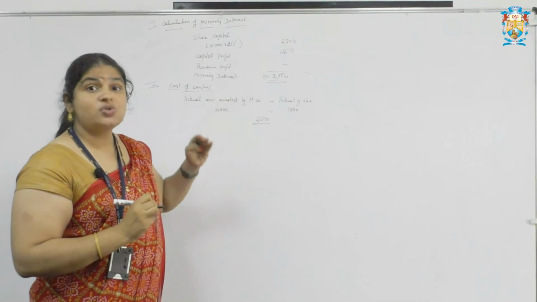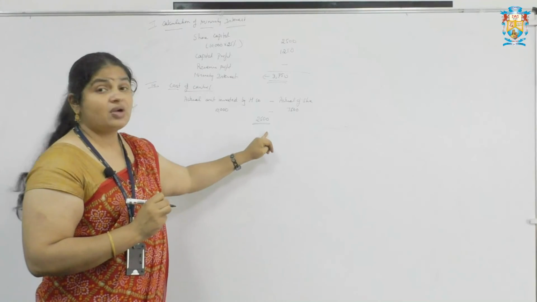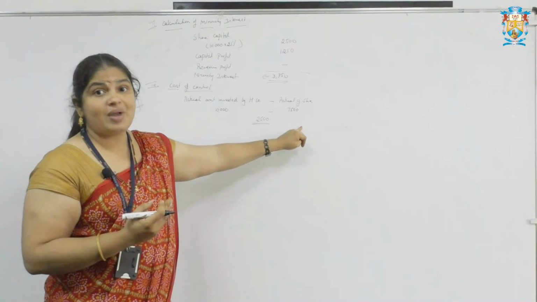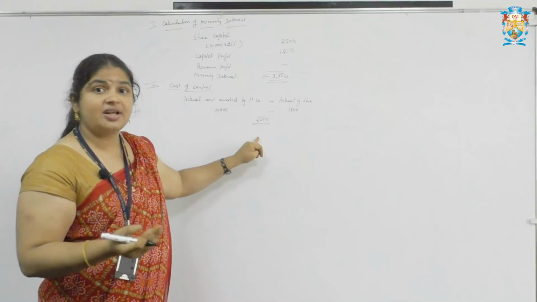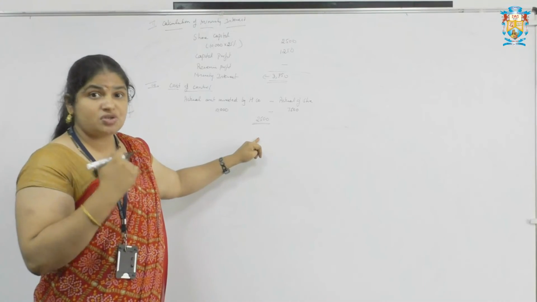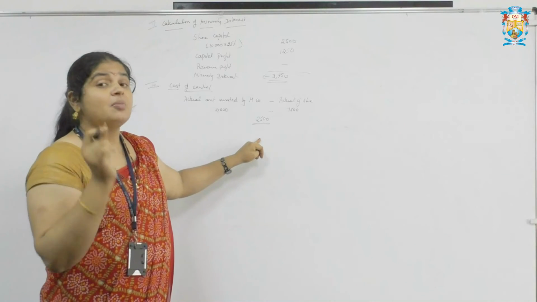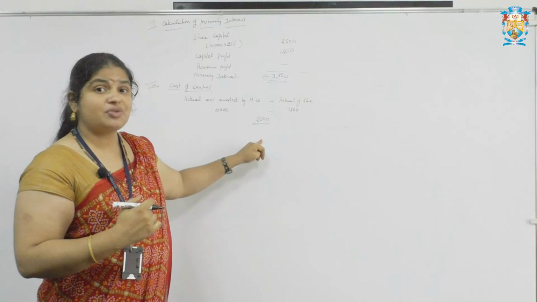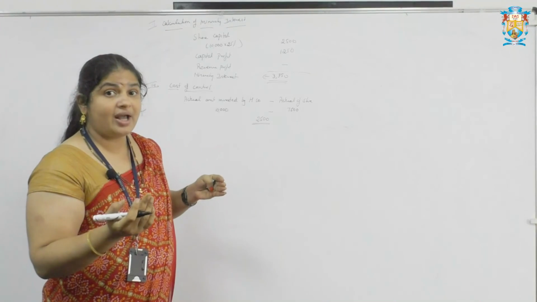Now I have to reduce the cost of control. Here my cost of control is increased, looking at the amount invested as well as the actual value of the share. How can I reduce it? By using the capital profit. Capital profit is nothing but pre-acquisition, before acquiring.